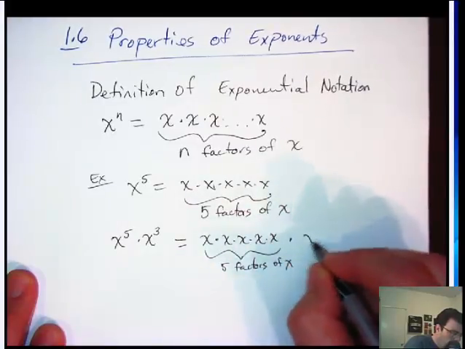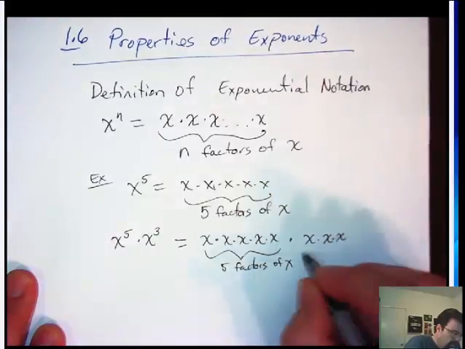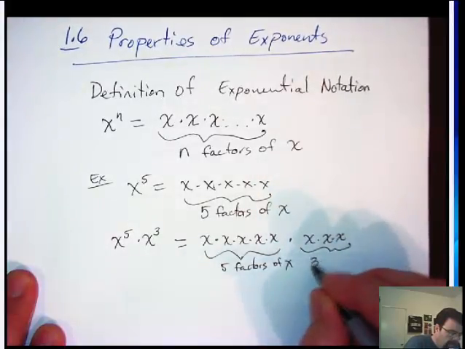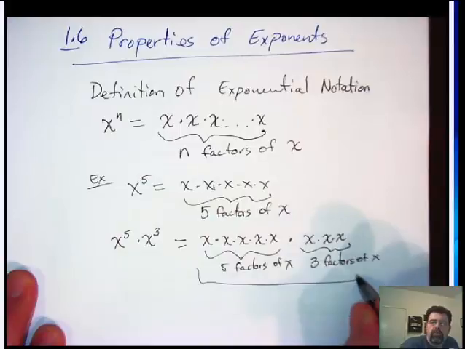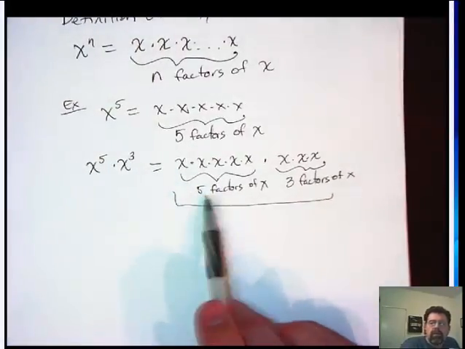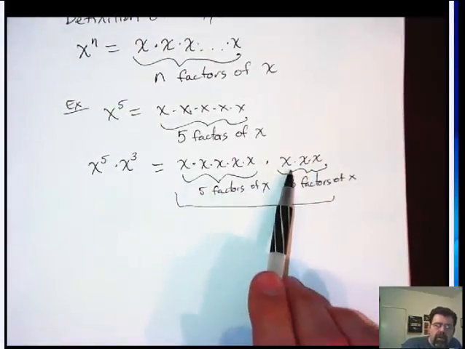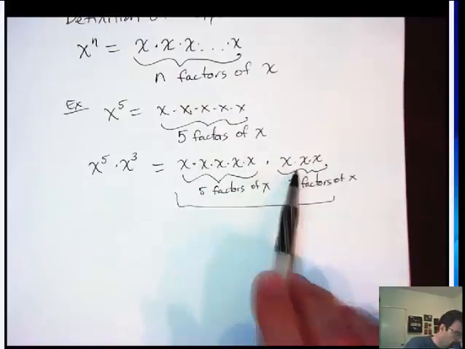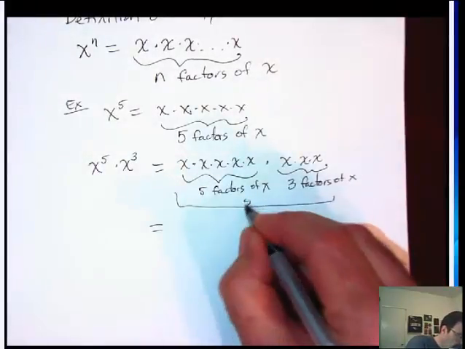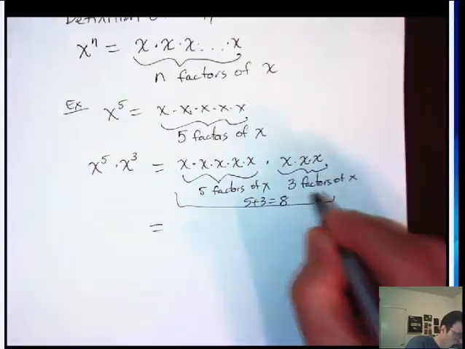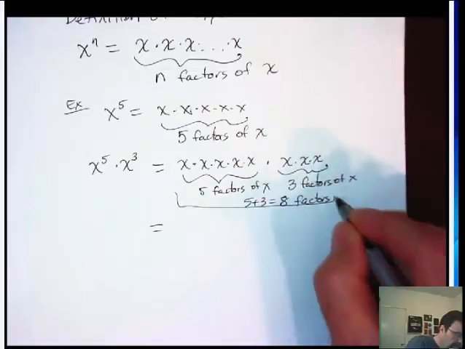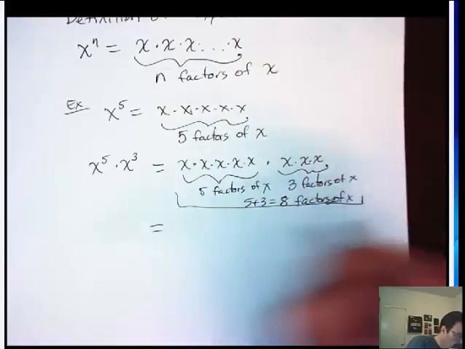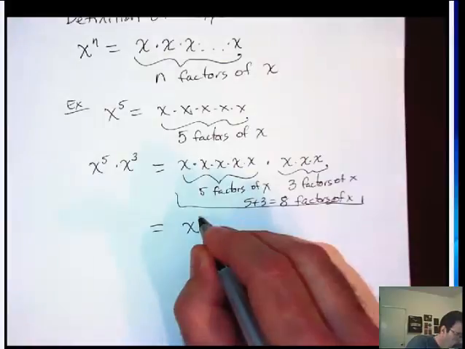And x to the third is x times x times x, which is 3 factors of x. In total, if we have 5 here and 3 here, and they're all being multiplied, we can simplify this as a total of 5 plus 3, 8 factors of x. So that's equal to x to the 8th.